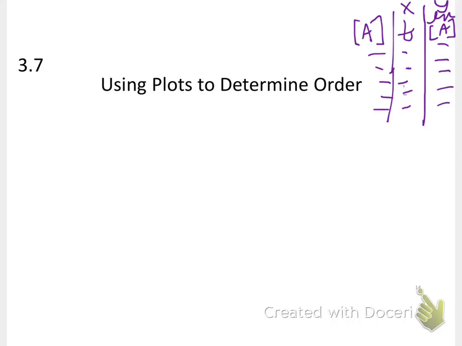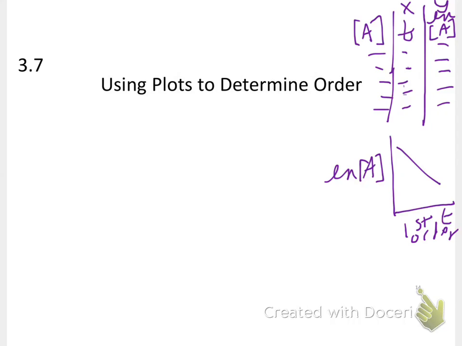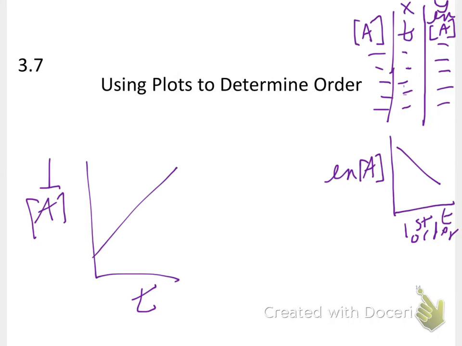And if I end up with a straight line with a negative slope, then I have a first order reaction, right? This is the log of the concentration of A versus time. If it's not a straight line, then I could look at whether it is second order. And there I would plot 1 over A versus time. And if that's a straight line with a positive slope, then I have a second order reaction.